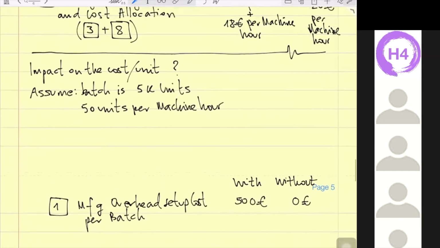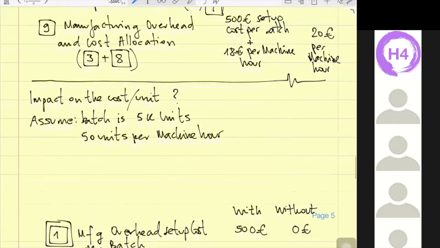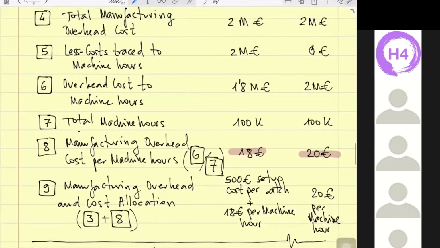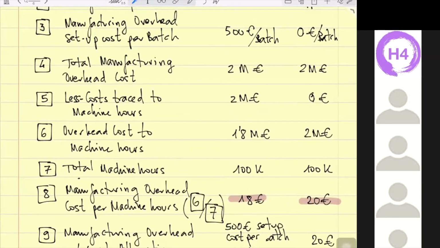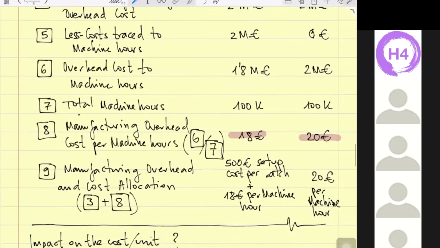Why? We have 5,000 units per batch, okay? And 50 units per machine hour. So the manufacturing overhead setup cost per batch is going to be number 3 as before, okay?